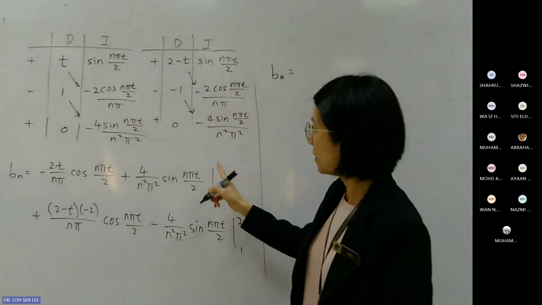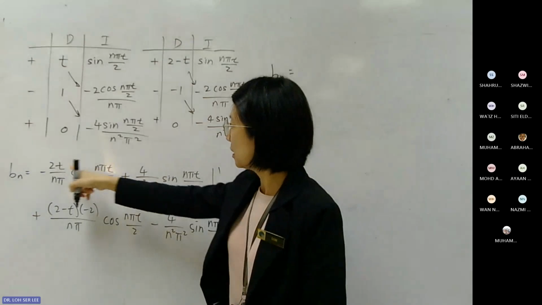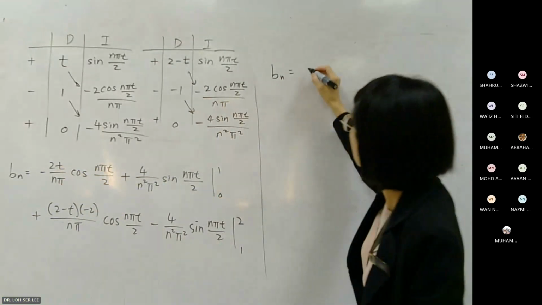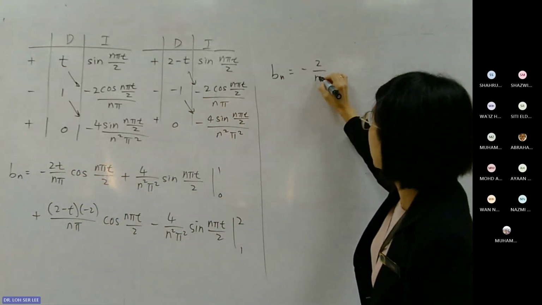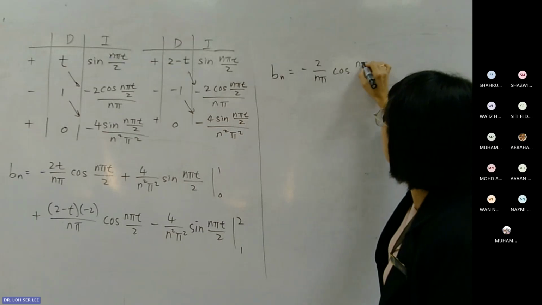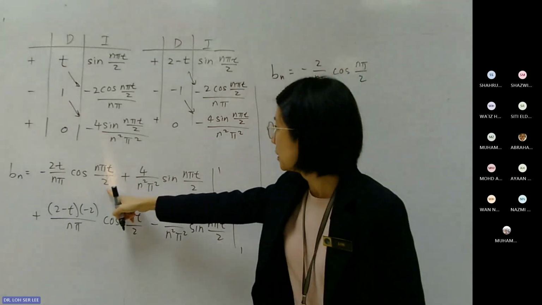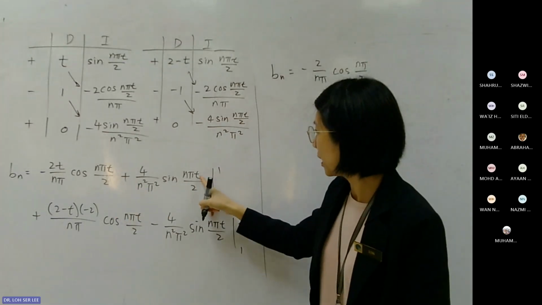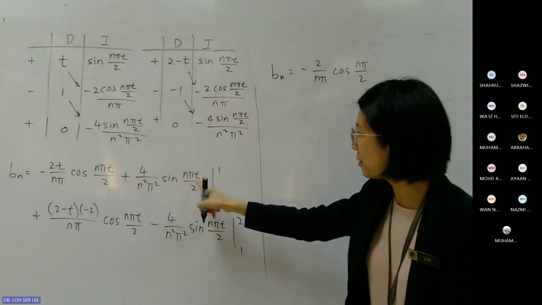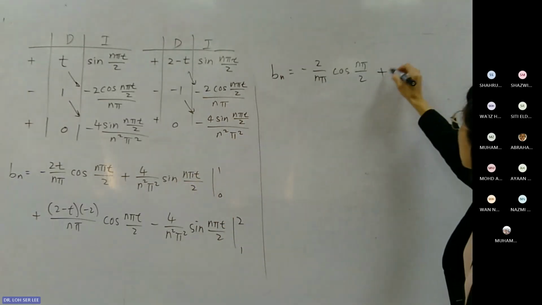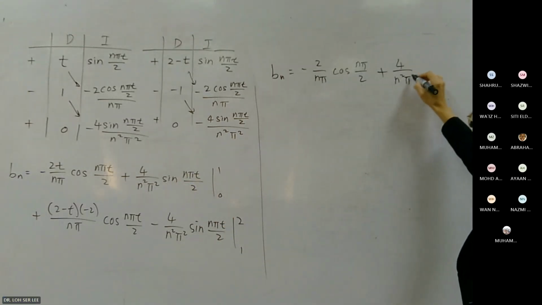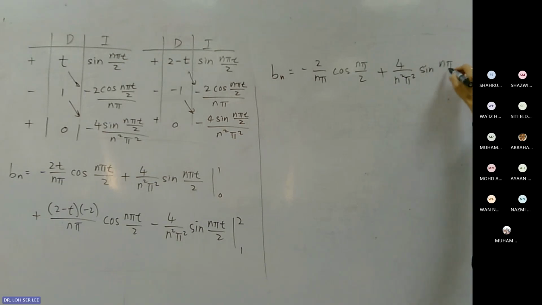Substitute t equals 1 into this t and also this t. Negative 2 over n pi plus n pi over 2. Okay, then when t is 1, sine n pi over 2 is not 0.